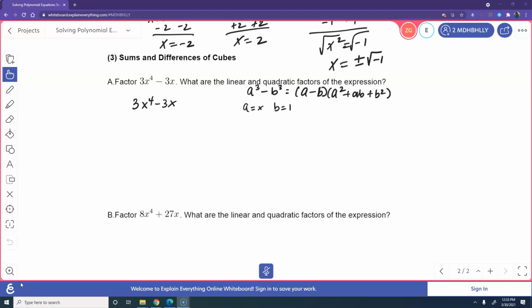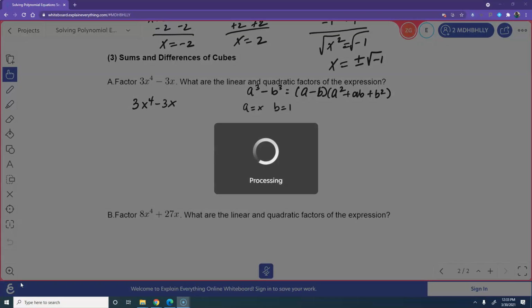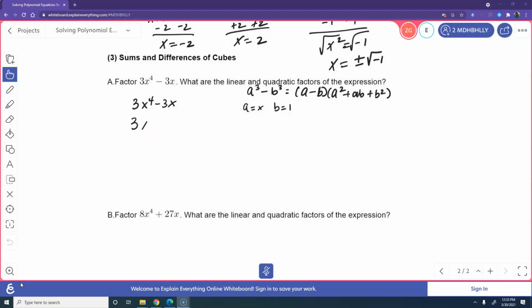Now factor 3x to the fourth minus 3x. What are the linear and quadratic factors? We know that in 3x to the fourth minus 3x, we can factor a 3 and an x, so we're left with x to the third power minus 1. We know that a is equal to x and b is equal to 1.